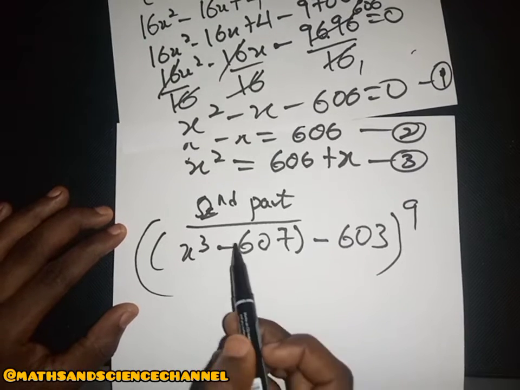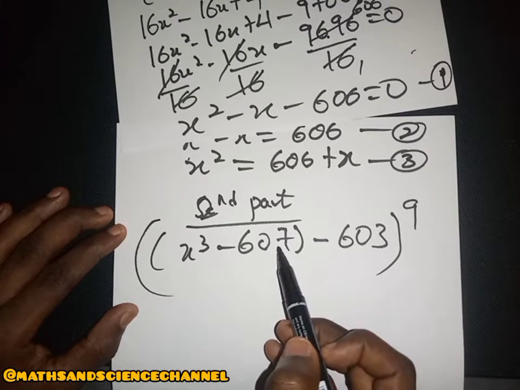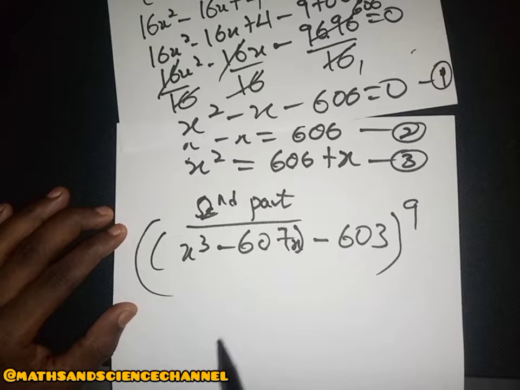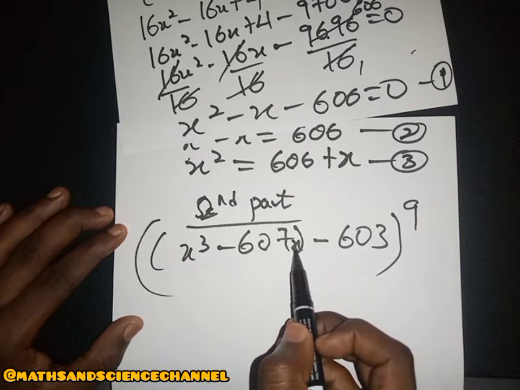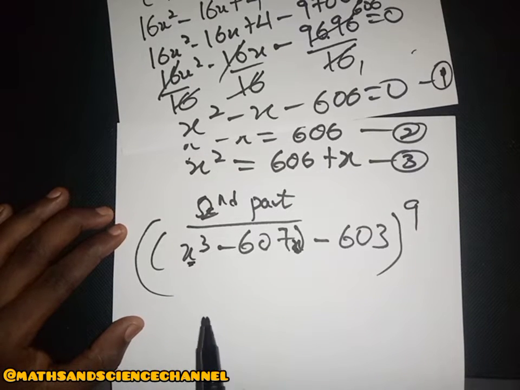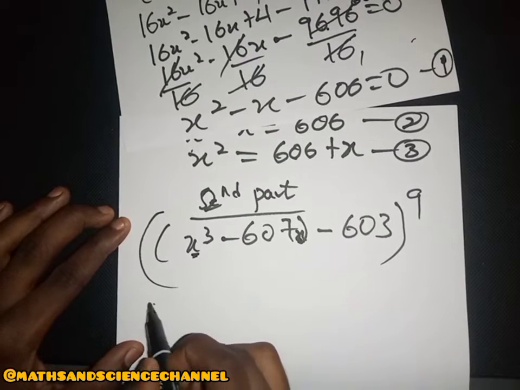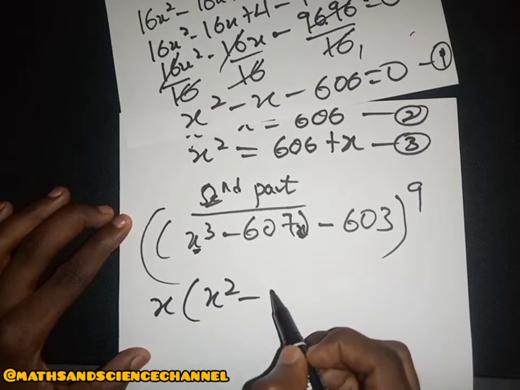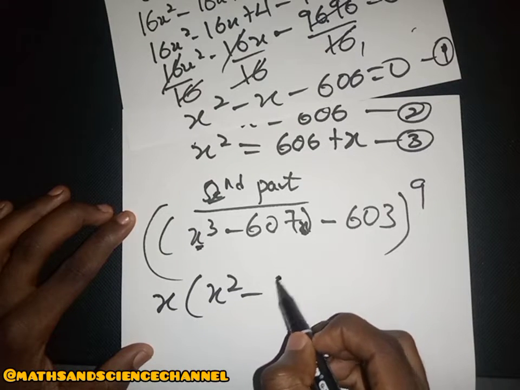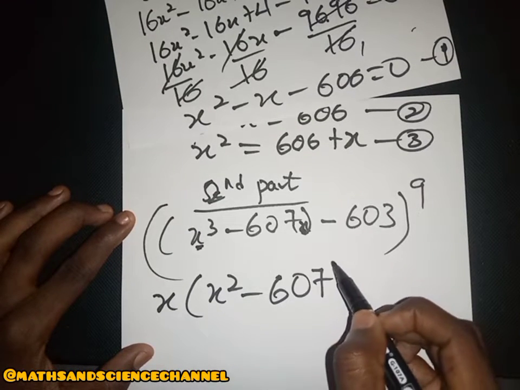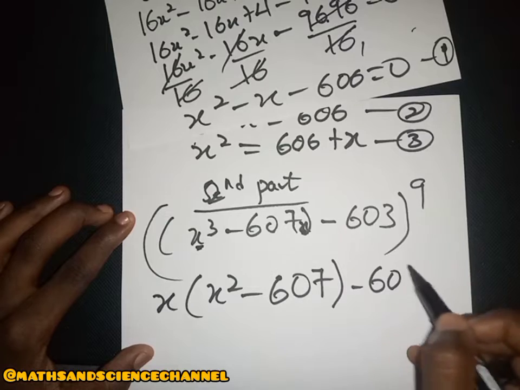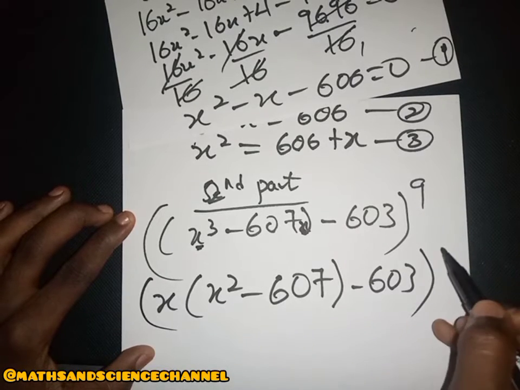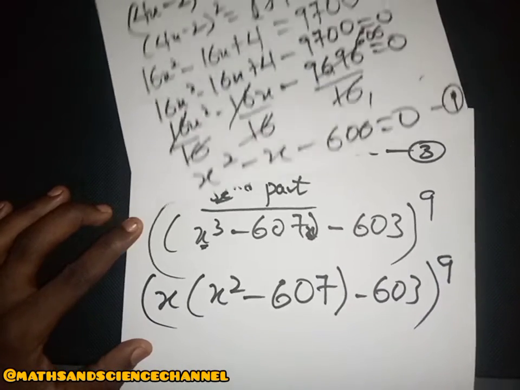Now I've separated this one because from here, this is x times x squared. So since we have x here, we can just substitute it out. So we have x into bracket (x squared minus 607) and then minus 603, remember, all to the power 9, right? So we can have something like this.